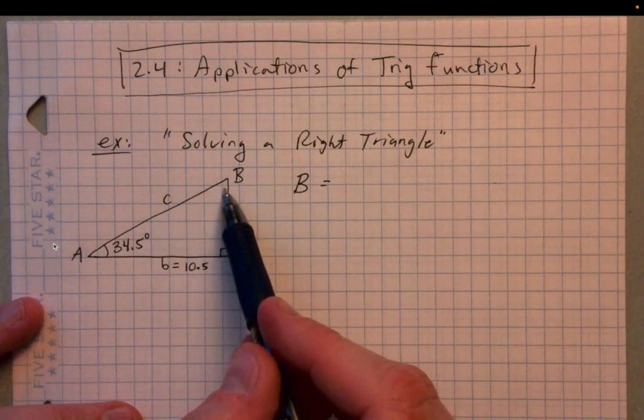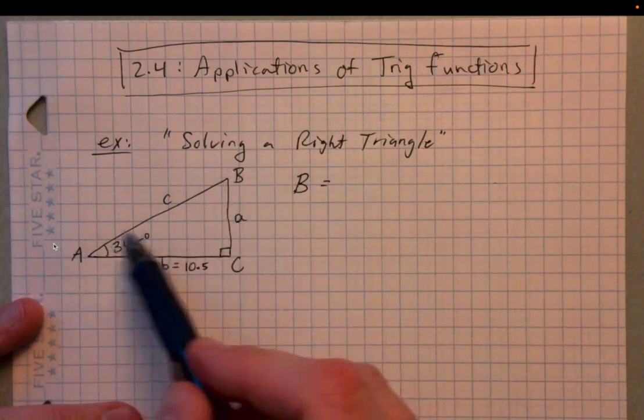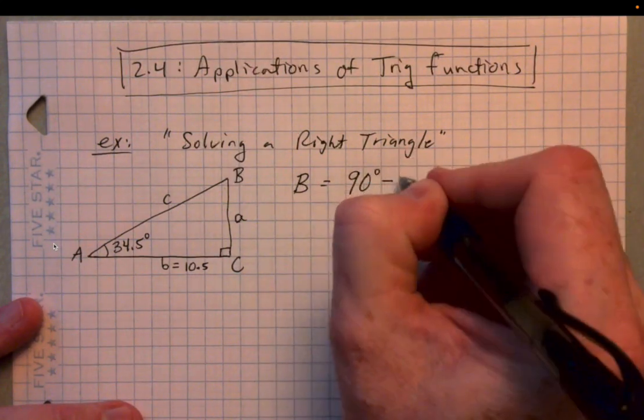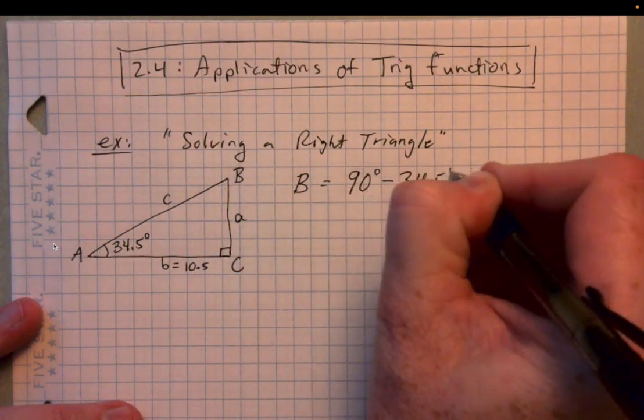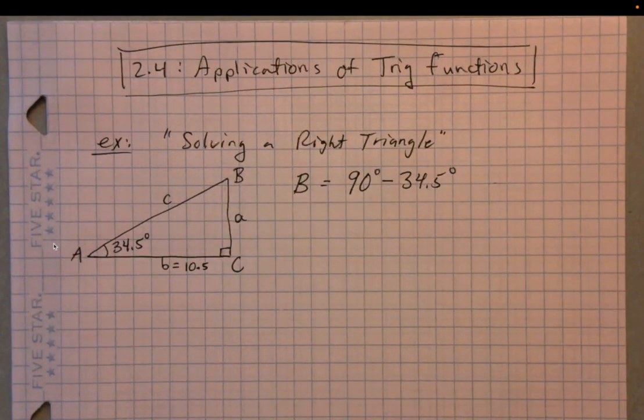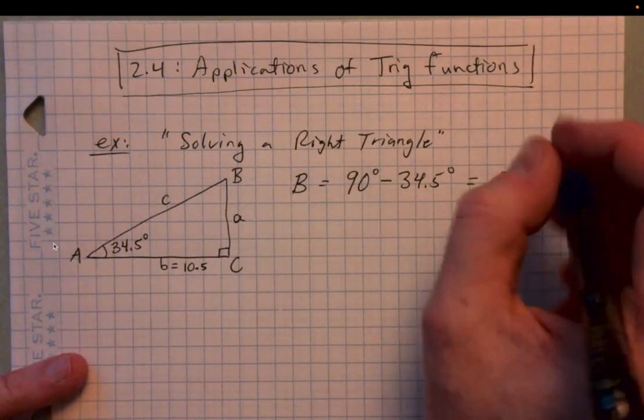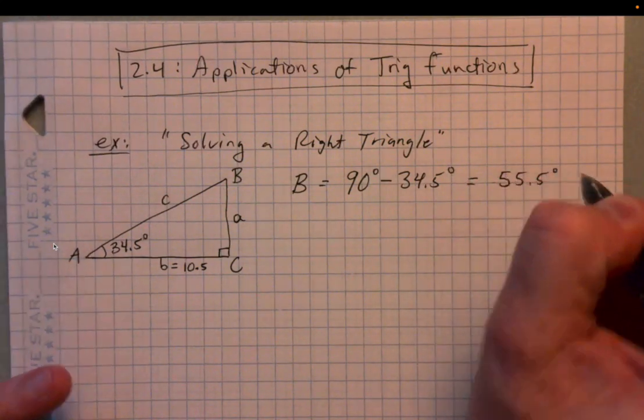So this angle here is 90 minus whatever this is. So I can write 90 degrees minus 34.5 degrees. That's a simple bit of arithmetic, and you'll see that it's approximately 55.5 degrees.